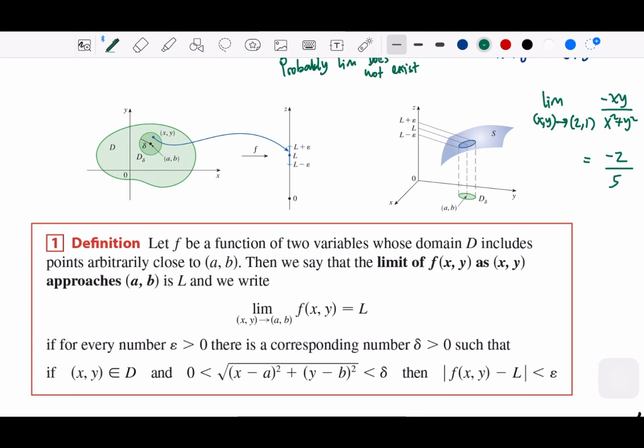We can say that if the absolute value is really small, this is going to have some value. Okay? And we can say the limit exists. And the delta is here. Okay.